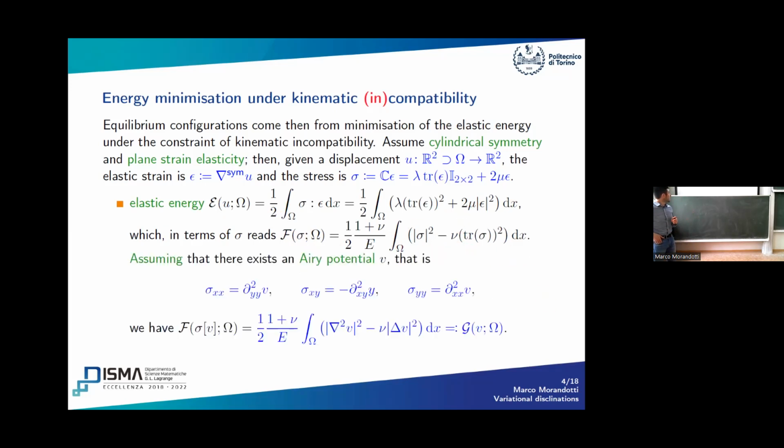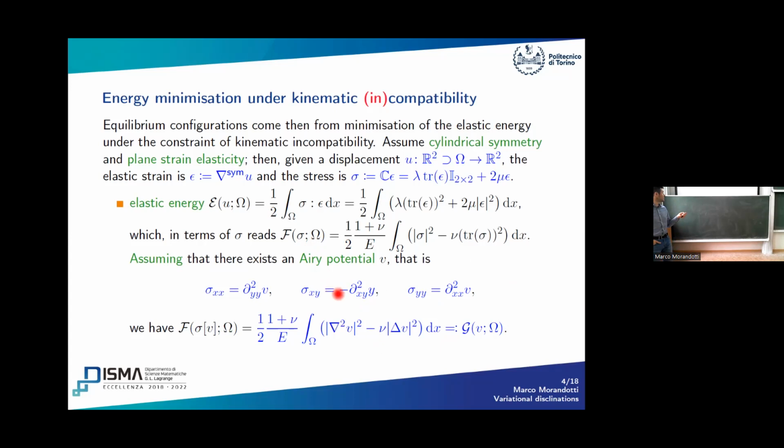And this is useful because in two-dimensional domains, one can try and find the Airy potential, the Airy stress function, which is also something very common in the engineering literature, because it provides automatically the fact that the equilibrium configuration, divergence of sigma equal to 0, is automatically satisfied, right? So you don't have to worry about that equation anymore, and you just think about solving the other ones. So the Airy potential is a function v, which enjoys these properties.